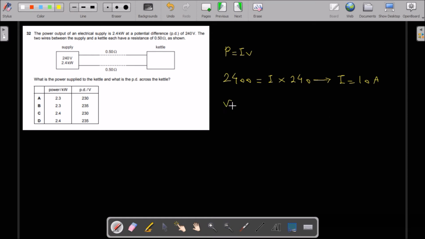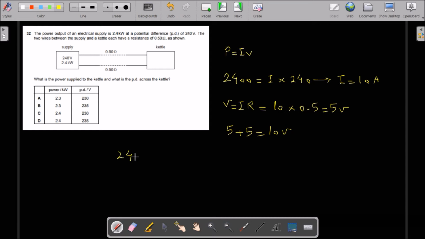For each wire I can use V equal to IR to find the potential difference. V is equal to IR, so I is 10 and R is 0.5. So for each wire we have 5 volt. For two wires, 5 plus 5, that is 10 volt.